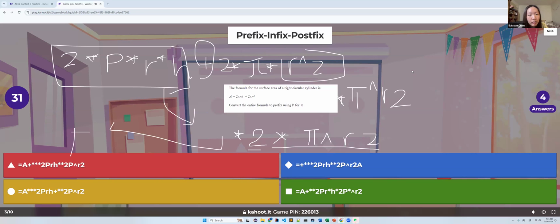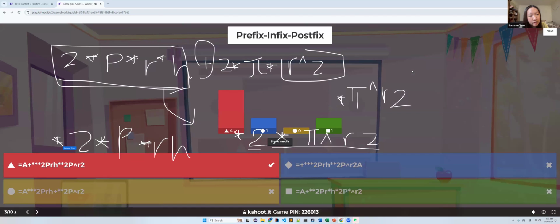So then, what is this operand? Again, we've evaluated from back to front. So we have r times h. We're going to put the times in the front, and r h. And then we have p times this. So we're going to put the p here and put the times in the front. And then again, we do the same thing with 2, so 2 times.